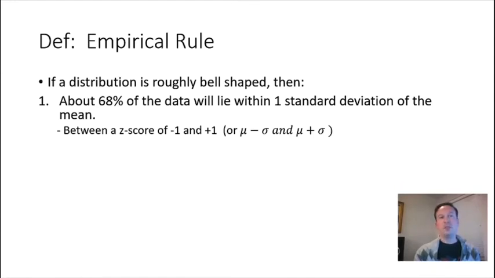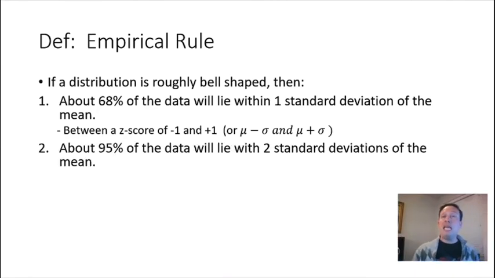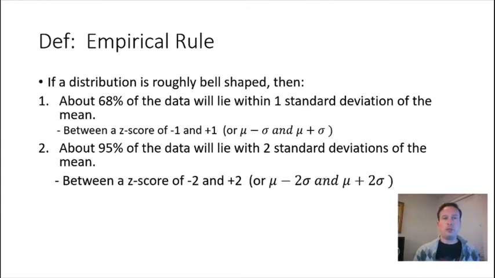Similarly, if we go further out to -2 and 2, we're going to have more area. About 95% of the data will lie within 2 standard deviations of the mean. That's between a z-score of -2 and +2, or another way of saying that is -2 standard deviations from the mean to +2 standard deviations above the mean.